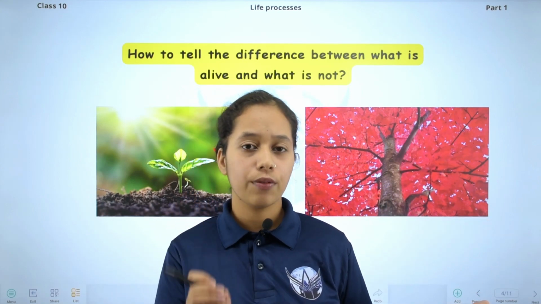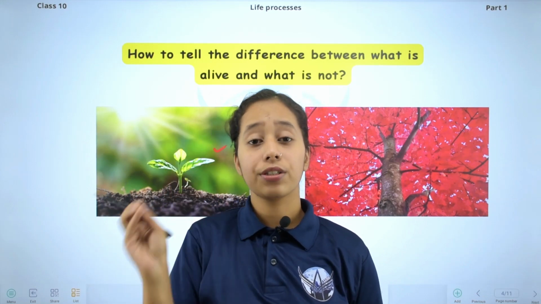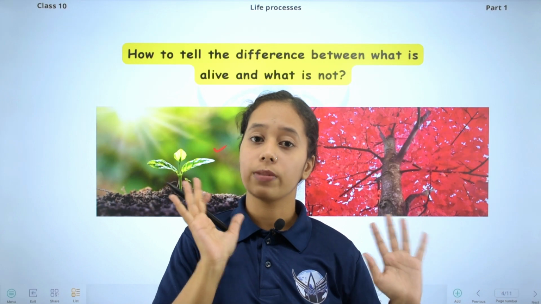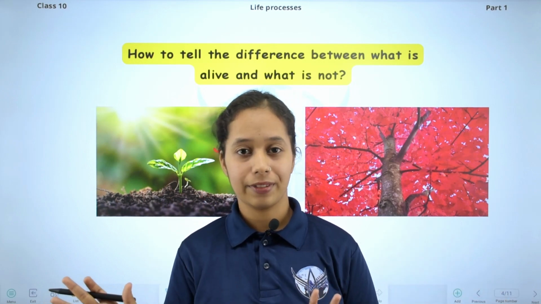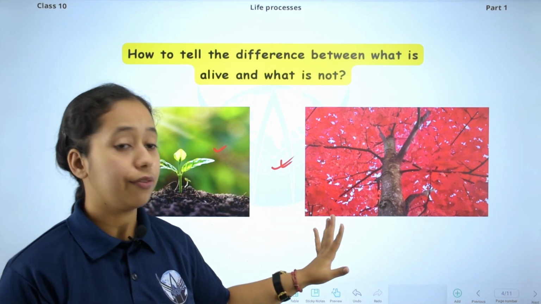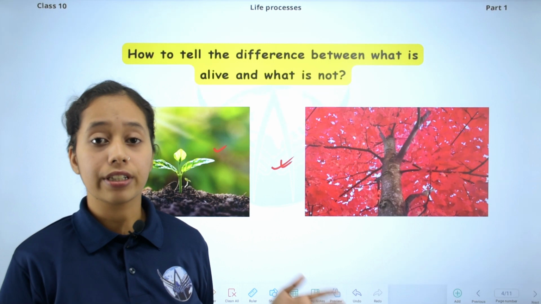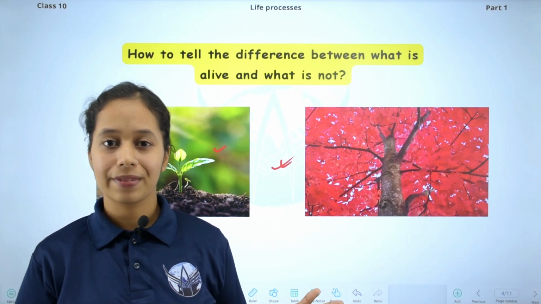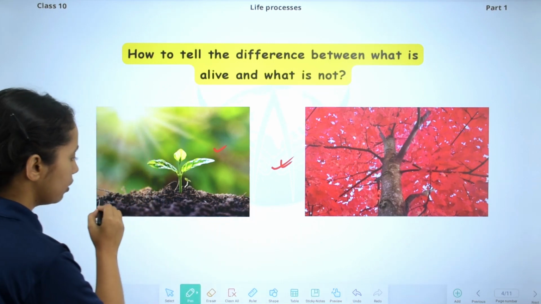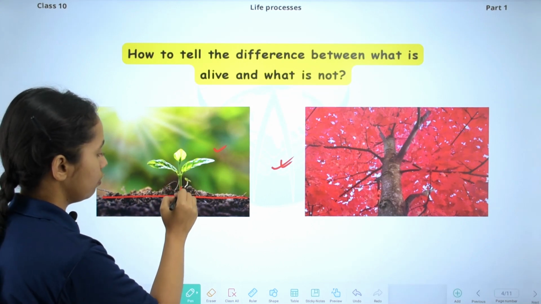Therefore we can say that movement is not the only criterion by which we can term a particular organism living or dead. Plants do not move around from place to place, but still they are living. So how can we say that a plant or a tree is living? Now look carefully. This is a small seedling.